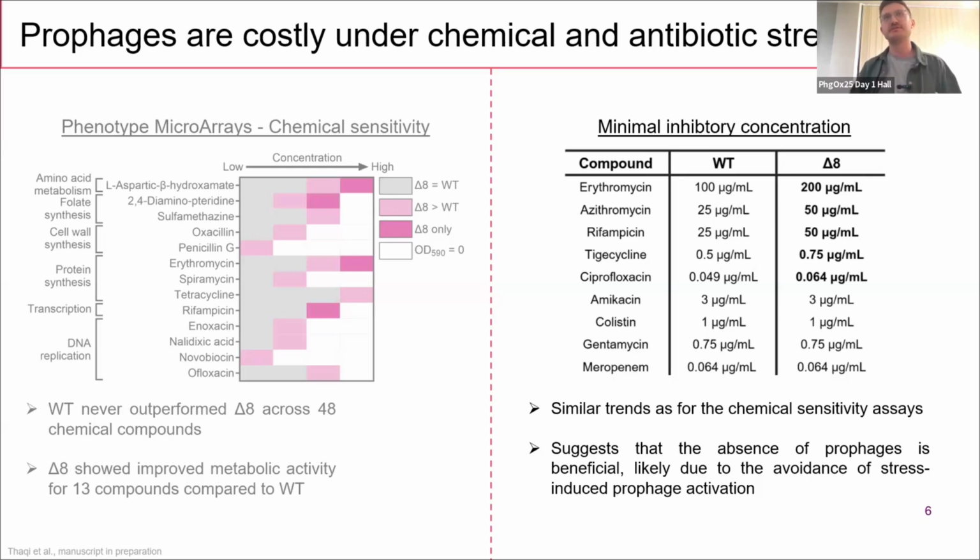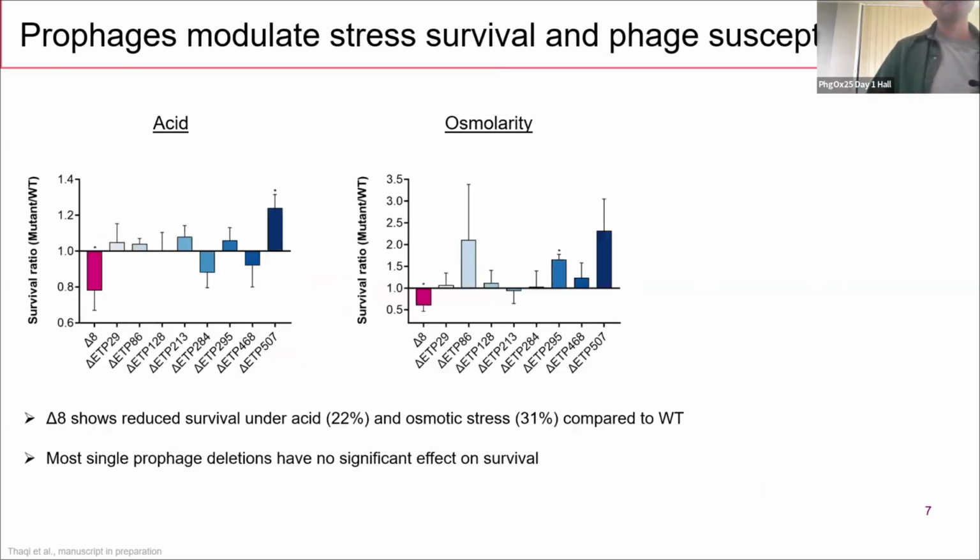Here we found a similar trend where the wild type never showed a higher MIC compared to the delta 8 strain, while the other way around, we found a few antibiotics where the MIC was increased, usually twofold, compared to the wild type. And taking those results together, it suggests that the absence of prophages is beneficial for the bacteria, likely due to the avoidance of stress-induced prophage activation.